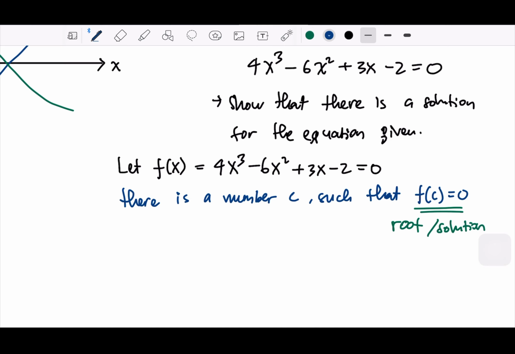And then how do we make sure that this is true? We need to take some samples. The samples can be taken from any numbers you can think of. If we take 1, let's say 1, this will be 4 minus 6 plus 3 minus 2.